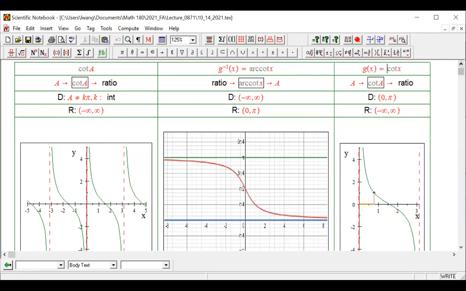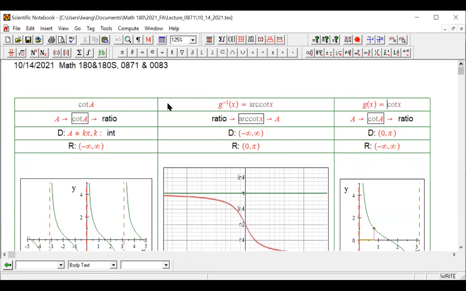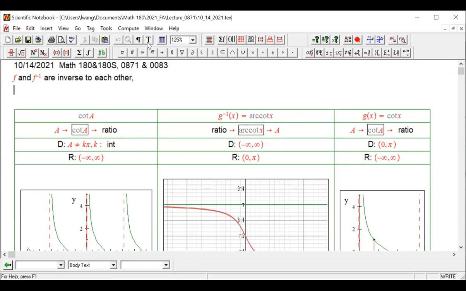Okay, so let's look at that amazing property about inverse functions, right? F and F inverse are inverse to each other, okay? Which implies one's domain is the other's range, and vice versa.